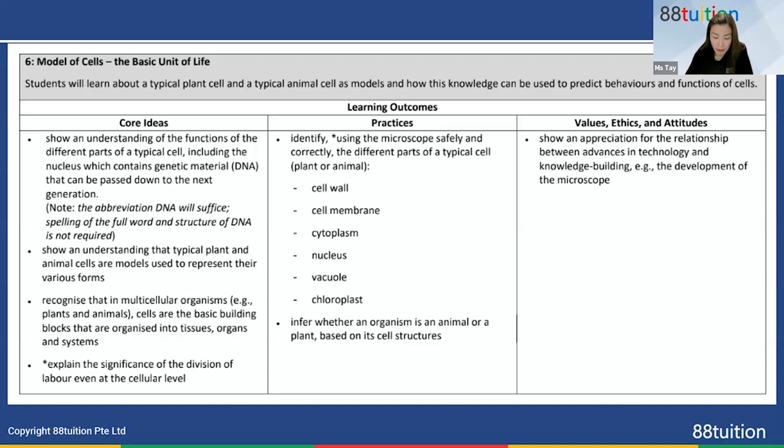If you look at the practicals like what you have done, you are supposed to know how to use the microscope safely, right? And then using the microscope, you need to identify the cell wall, cell membrane, cytoplasm, nucleus, vacuole, and the chloroplast. You did the experiment on plant cells, am I right?